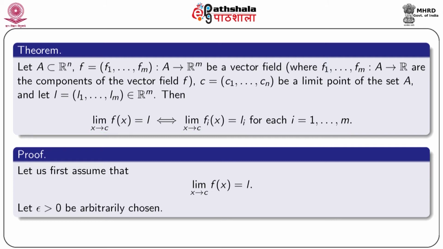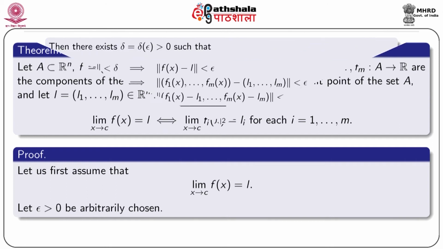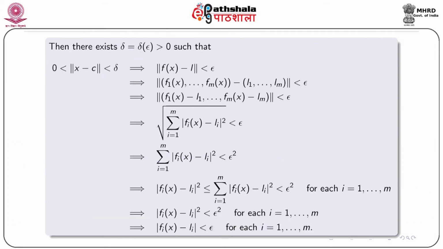We start the proof. We first assume that the limit of f(x) as x tends to c equals L. We shall prove that for every i equal to 1 to m, the limit of the scalar field fi(x) as x approaches c must be Li. Let epsilon greater than 0 be arbitrarily chosen. Then there exists delta, dependent on epsilon and positive, such that whenever norm of x minus c is less than delta but positive, we have norm of f(x) minus L less than epsilon.